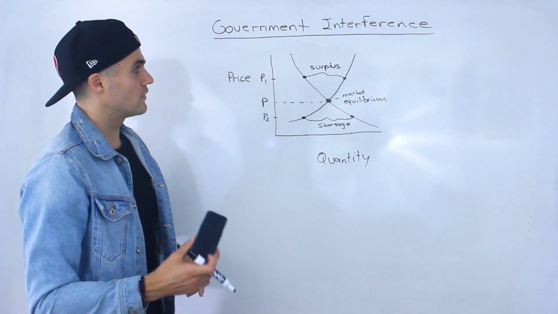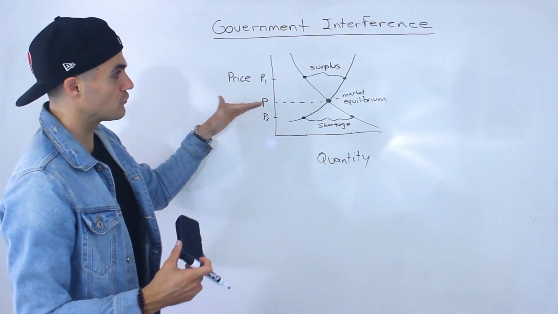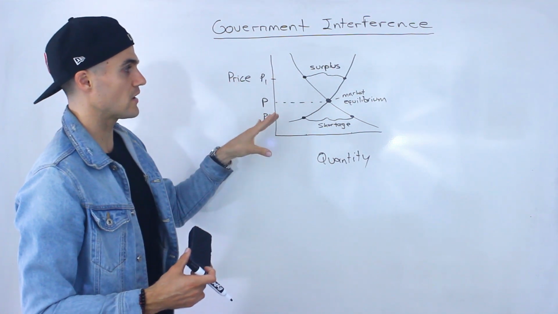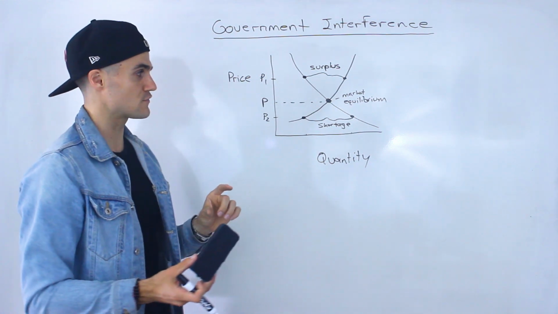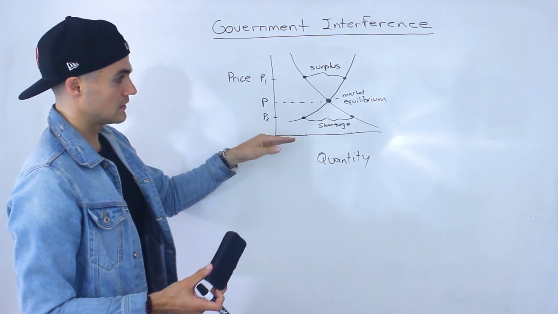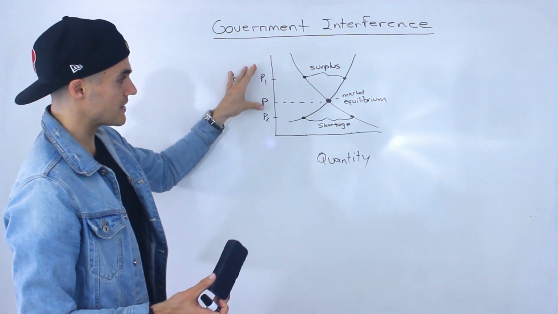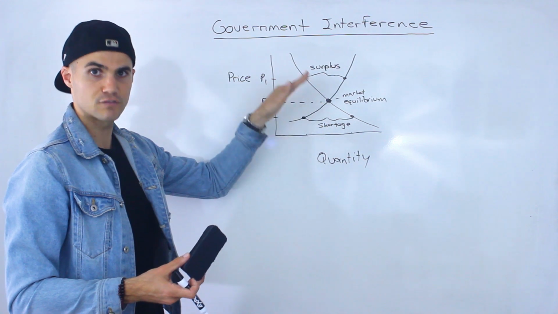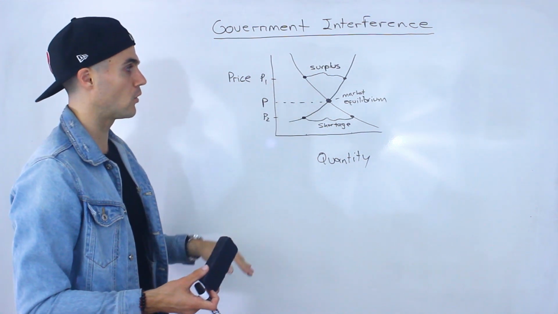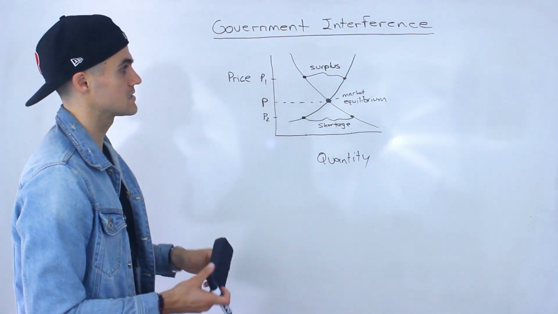Now, what we're going to cover in this video is how the government can interfere with this. So if there's no interference, if it's a free market, so little government interference, then the price of a good or service is always going to go towards that market equilibrium. It's going to follow those steps that we went over before for both of these cases.